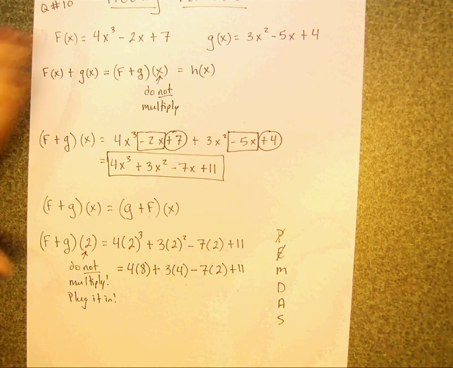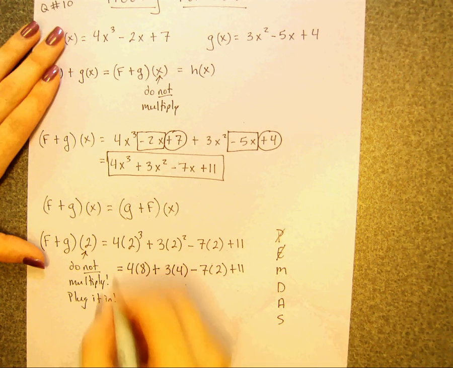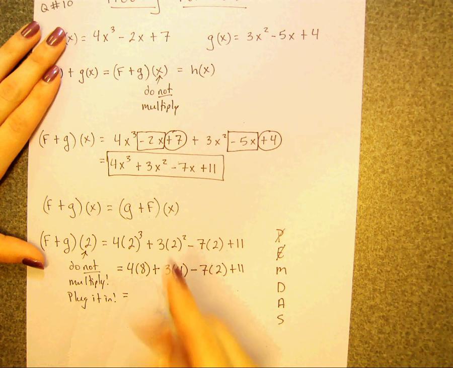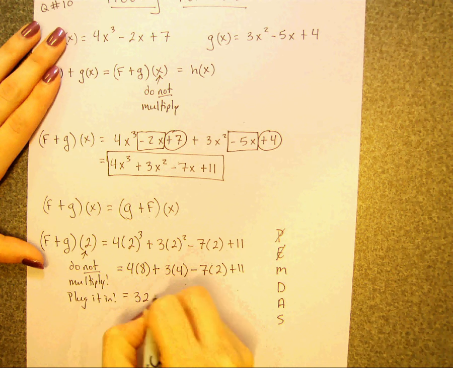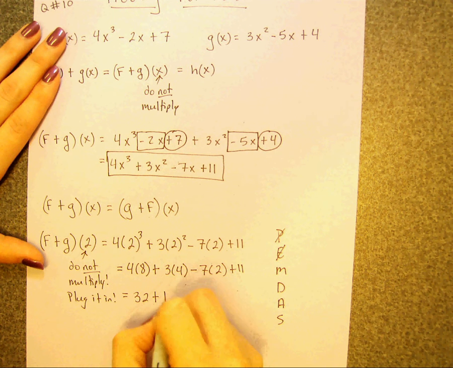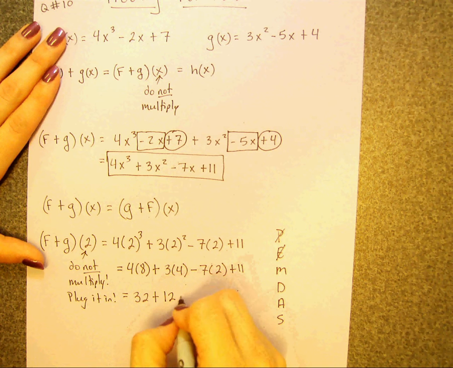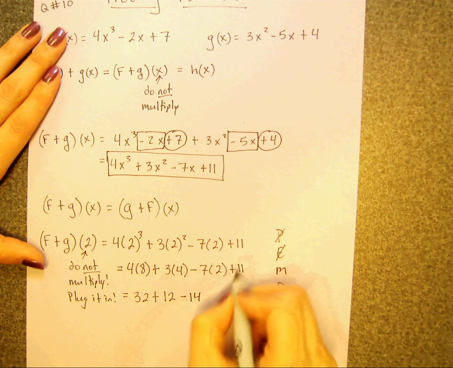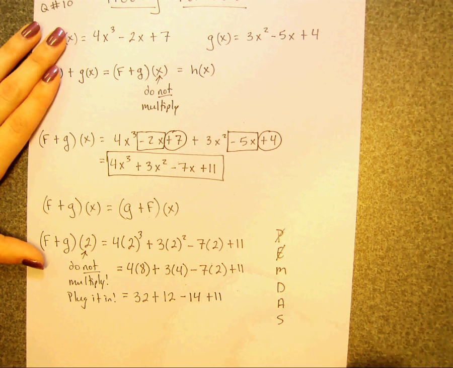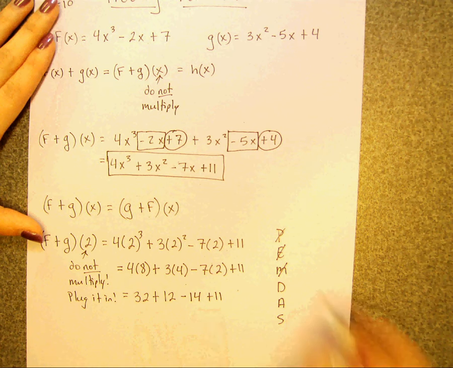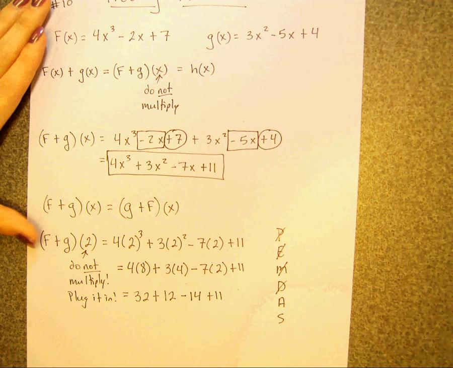So I've done all of my exponents. Next I have multiplication. 4 times 8 gives me 32, plus 3 times 4 gives me 12. Negative 7 times 2 gives me negative 14, plus 11. So I've done all the multiplication. I don't have any division in my problem, so I can cancel that out.